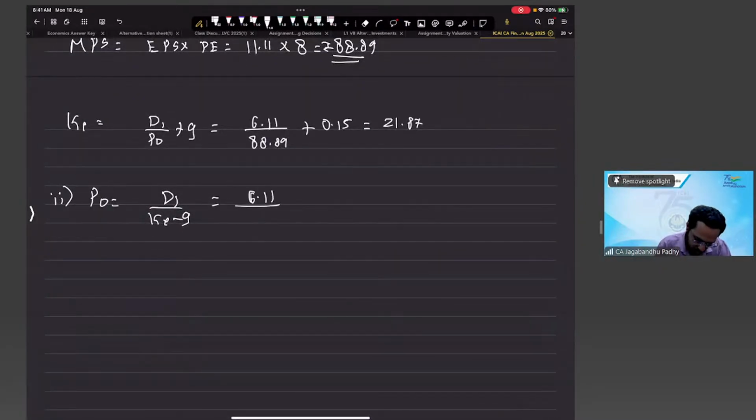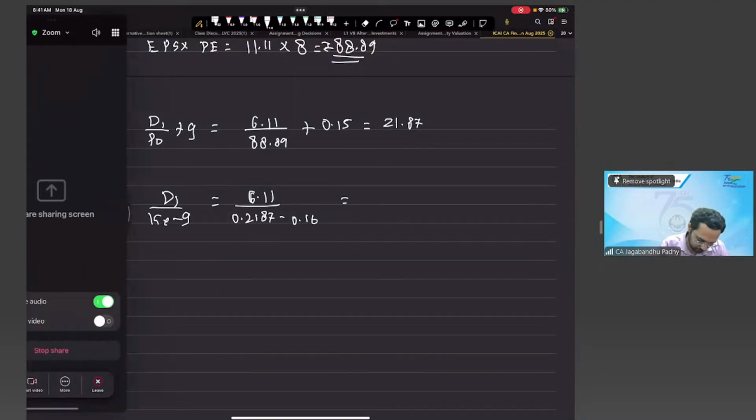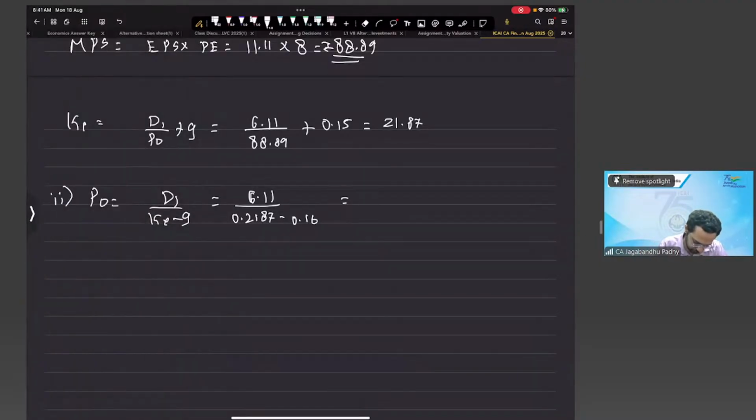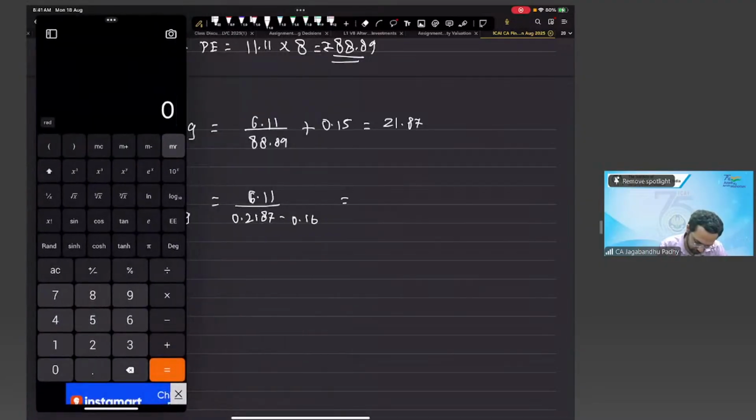However, the growth rate is changing because we are saying that you keep the K constant and the growth rate is 0.16. So that's 6.11 divided by 0.2187 minus 0.16. So how much is this number?